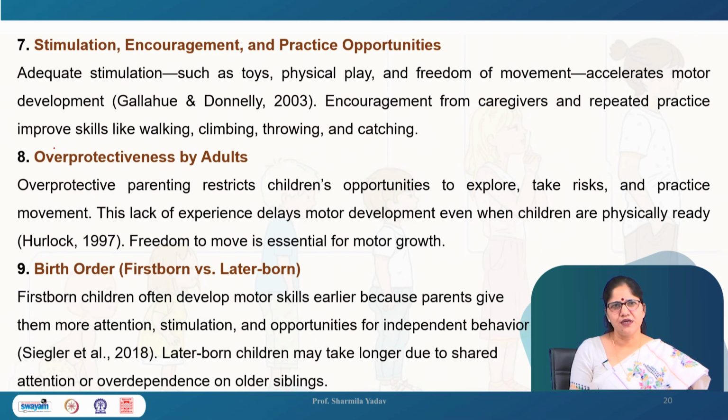Now the birth order, firstborn versus later born. Firstborn children often develop motor skills earlier because parents give them more attention, stimulation, and opportunities for independent behavior. And the later born children, they may take longer due to shared attention or over dependence on the older siblings for their task.